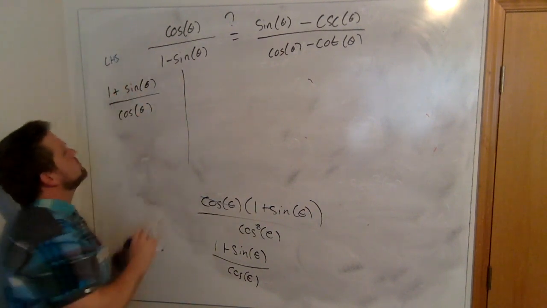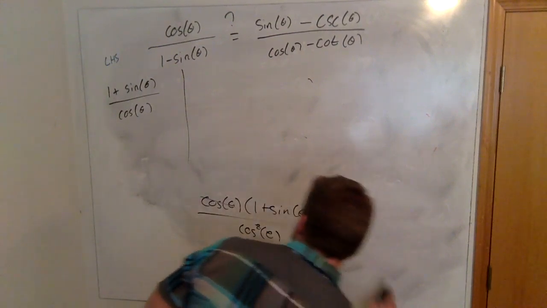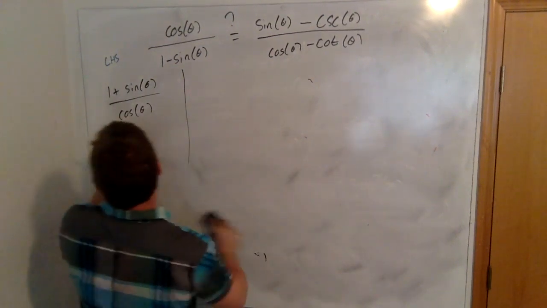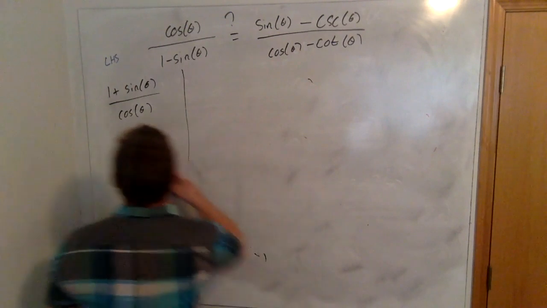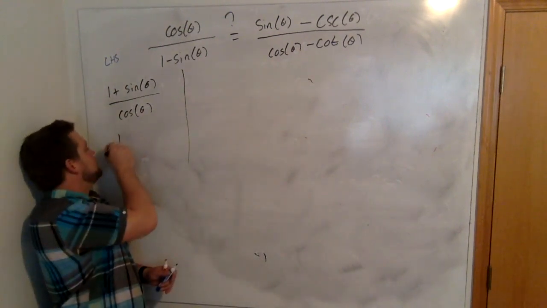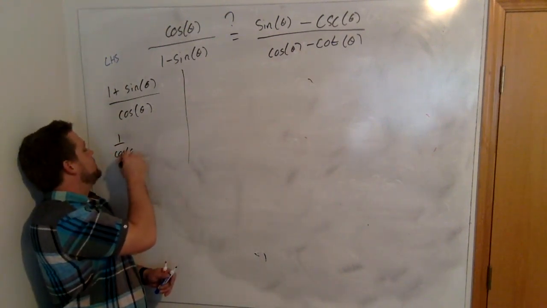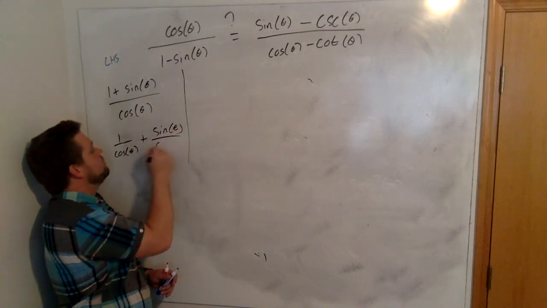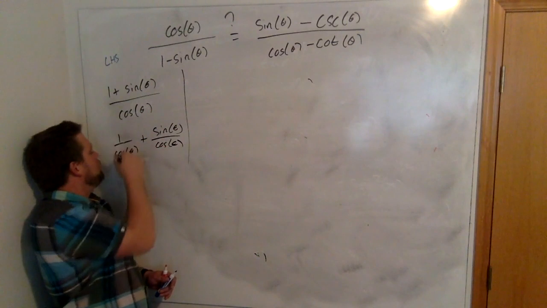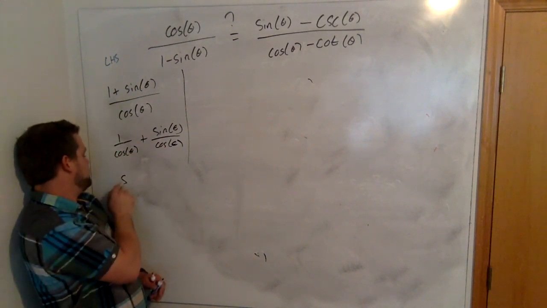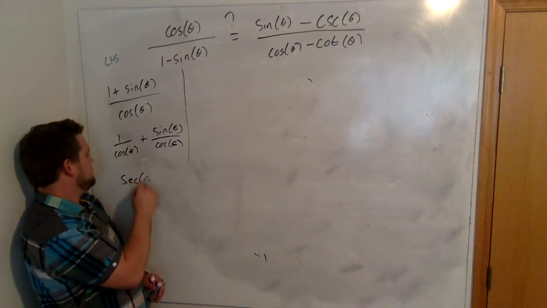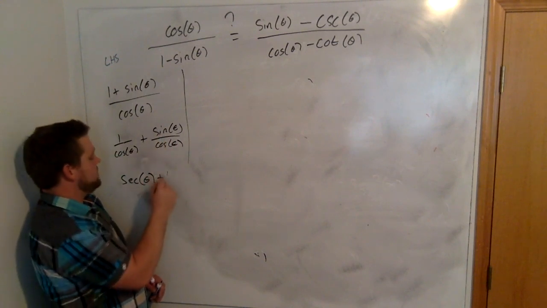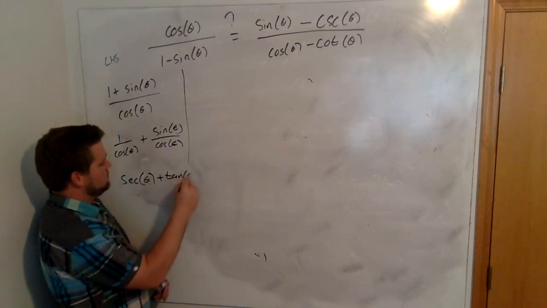You massaged it to look like this. And I guess you could distribute this cosine to each piece. So this could be 1 over cosine of theta plus sine of theta over cosine of theta. Well, 1 over cosine is the same as what? Secant of theta, and sine over cosine is the same thing as tan of theta.